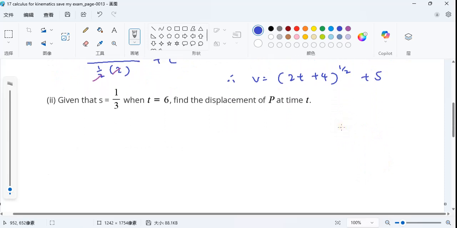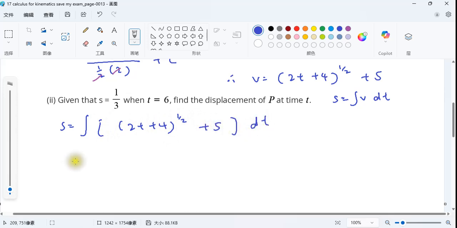So find the displacement. So we know that S is integrate V dt. So integrate this 2t plus 4 to the power half plus 5 dt. Then it will be 2t plus 4 to the power 3 over 2 over 3 over 2 times 2 plus 5t plus c.